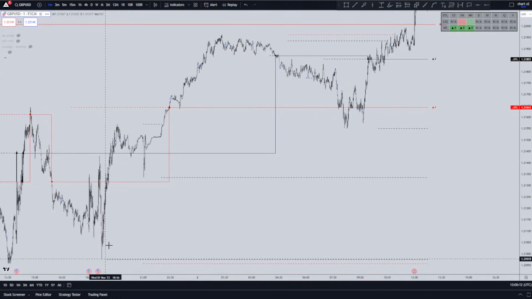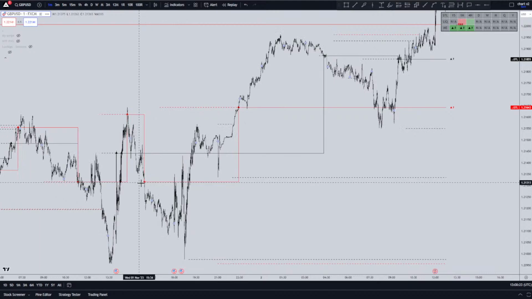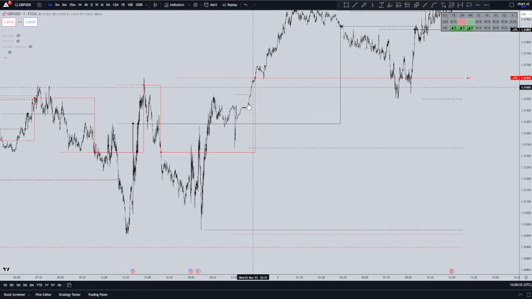On 4 hour, it failed its breakout, reclaimed the level it was going after. So this is a 4 hour failed short side breakout. So if short side liquidity is hit, what's it gonna go after? Long side liquidity. Bang. You see on this 4 hour, we have just level 1, stage 1, stage 2.